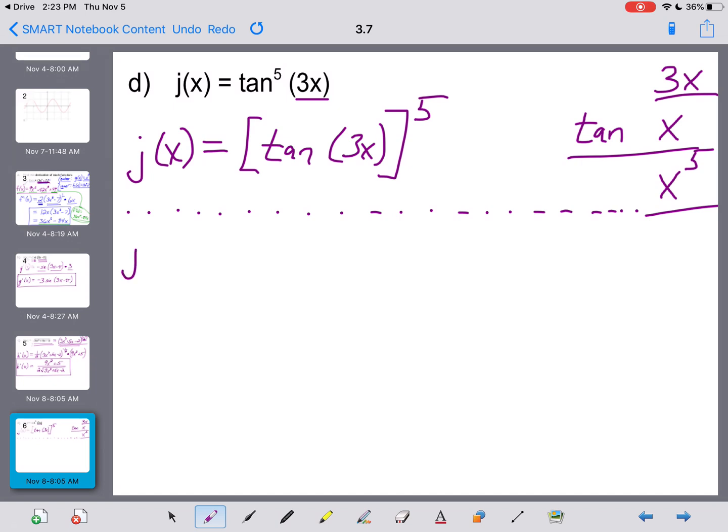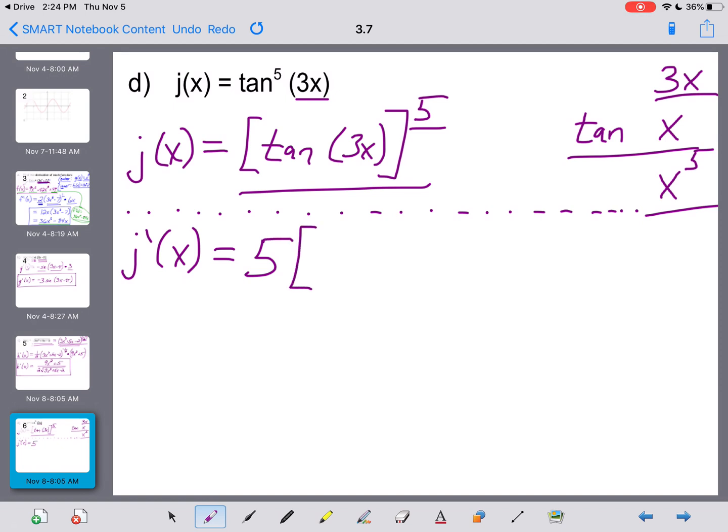So I think we're ready to get started here, guys, trying to find j prime of x. Okay, so you want to ask yourself this question. What is the last thing happening here in this function? And the answer to that is the 5th power. So the first rule we've got to think about is, how do we take the derivative of something to the 5th power? This is really the power rule. And the way we do that is by bringing the exponent out in front and making this a 5.